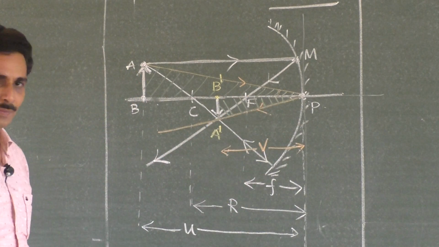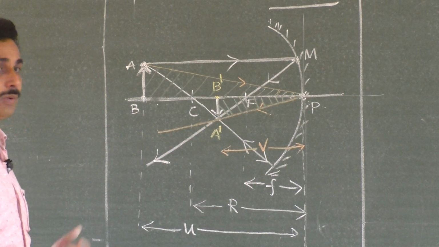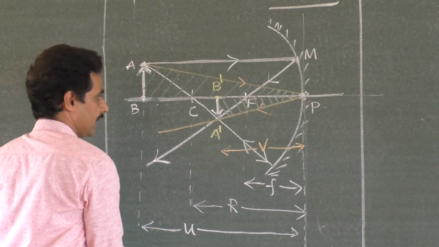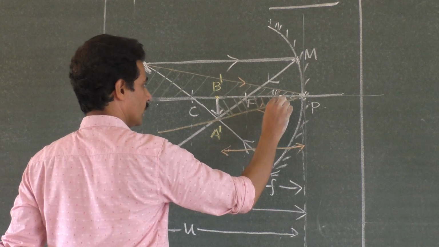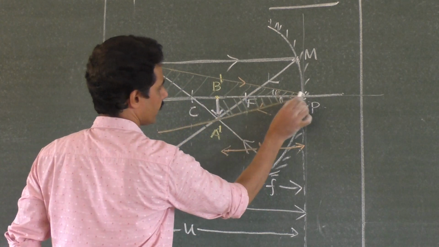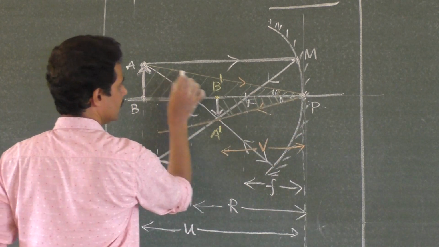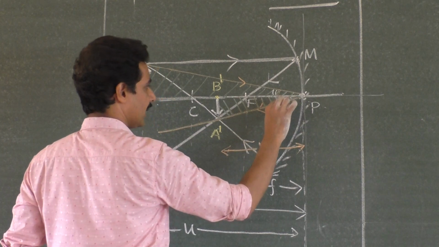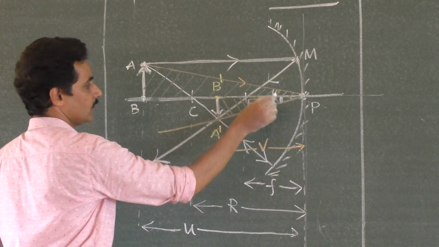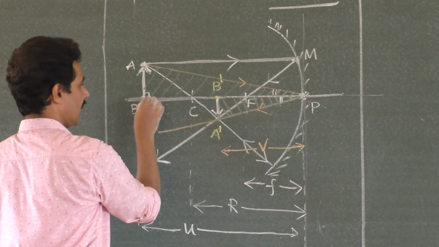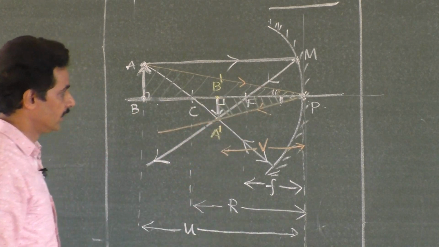Now, are these similar triangles? I'm not saying equal triangles. They are similar triangles. What do you mean by similar triangles? These two angles must be equal. Why, sir? This is the angle of incidence, because this is the normal, this is the incident ray. This is the angle of reflection; this is the normal, this is the reflected ray. So these two angles are equal. What about these two angles in the triangle? They are also equal.